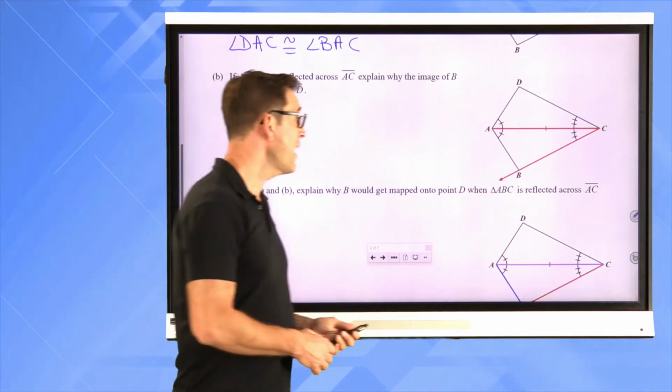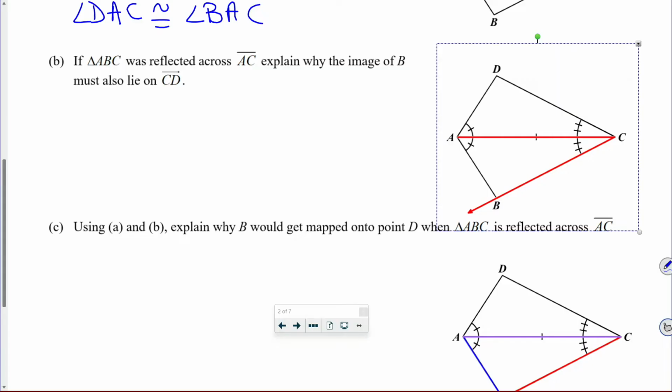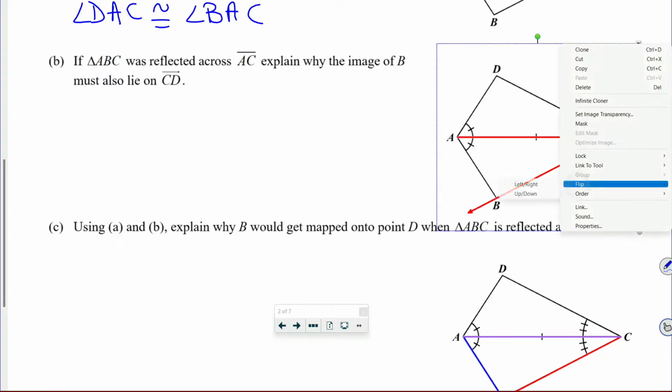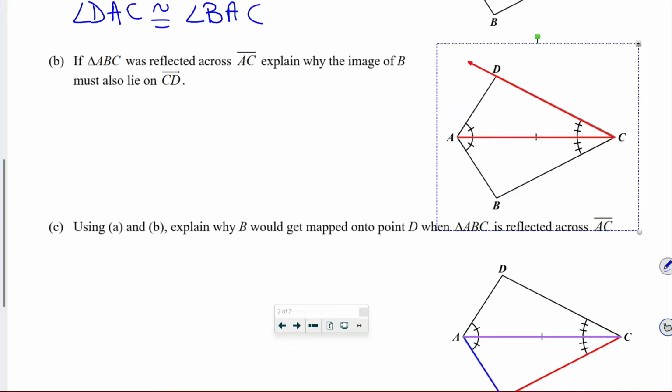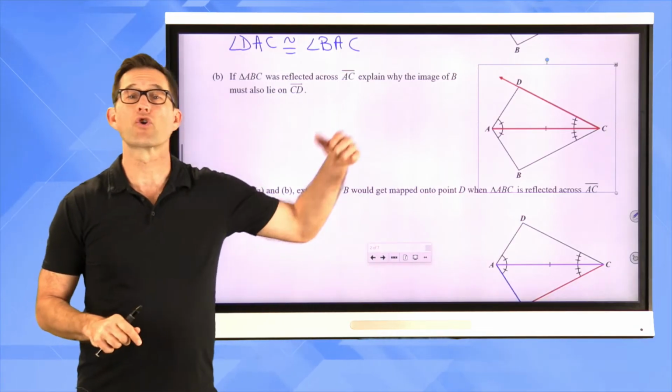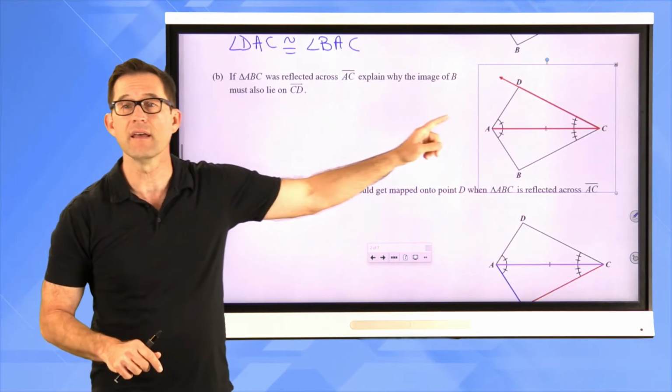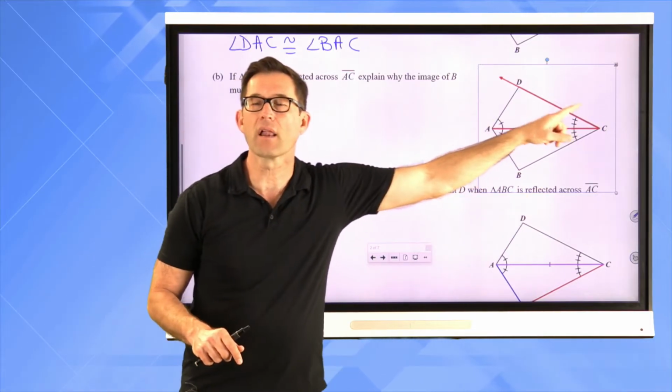And this angle is congruent to that angle. In other words, angle BAC is congruent to angle DAC, so that if I reflect that angle across side AC, then B's got to lie somewhere along here.